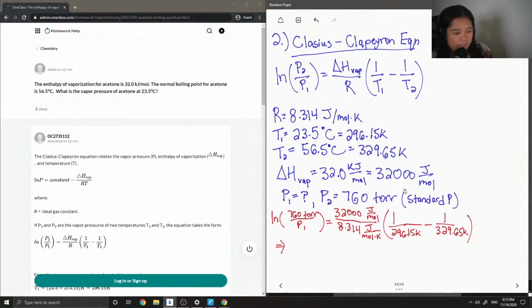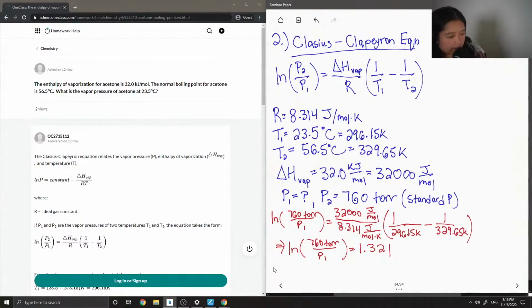And then after solving for that is when I would multiply it by 32,000 and then dividing by the 8.314. Okay, so let's simplify the right side. Plugging that all in should give you 1.321.